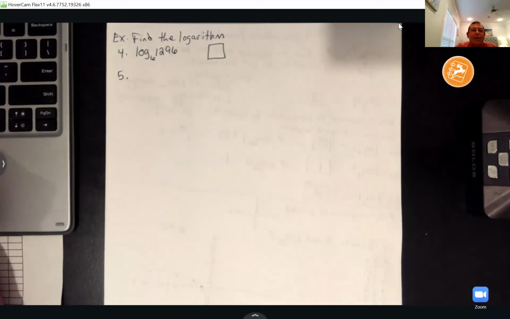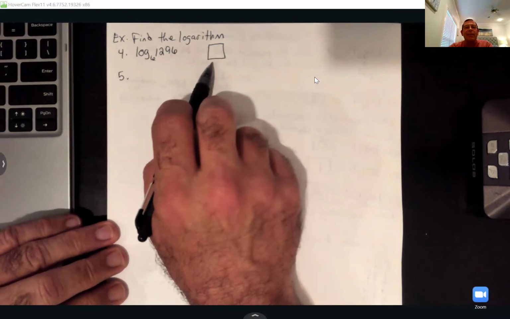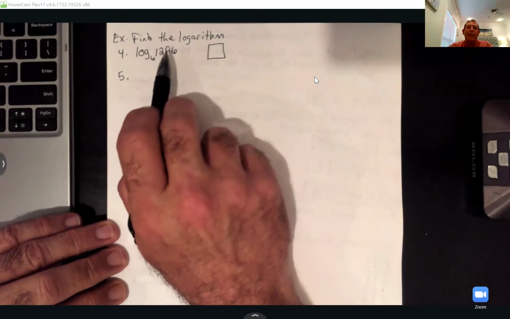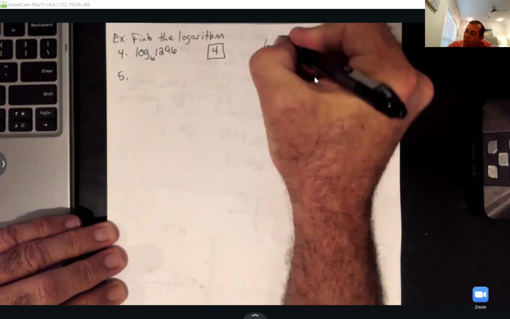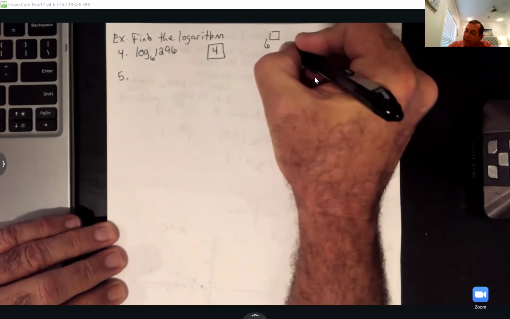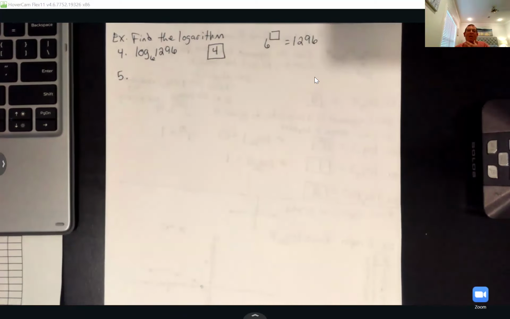Okay, chat's starting to light up. All right, good job, 84. Okay, 6 times 6 times 6 times 6 equals 1296. So remember, I'm looking for exponents where that equals that, okay? I mean, another thing you could do, couldn't you just take that 6 and start multiplying it until you got 1296 and then see how many 6s you used, okay?